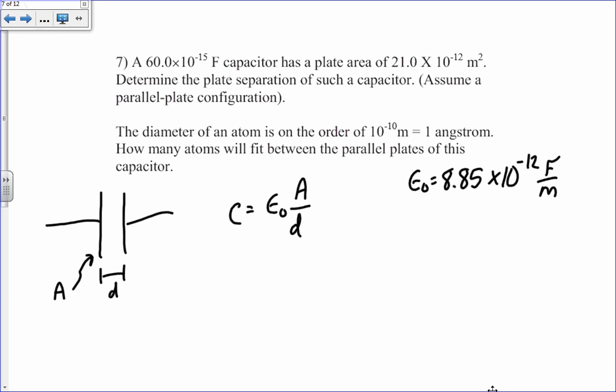You might see the units for that in various ways. It comes into the Coulomb's constant, k. k is actually equal to 1 over 4 pi epsilon naught. They're related. All right, so this is just basically plugging in.